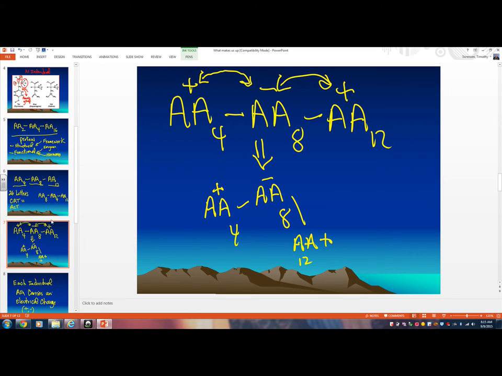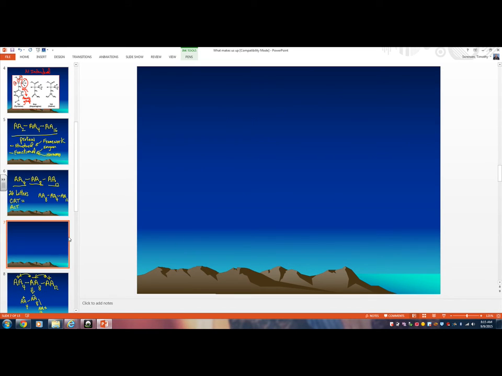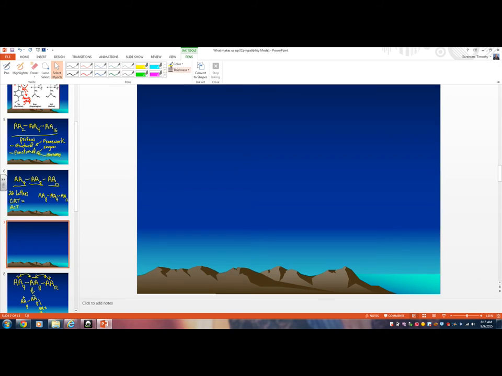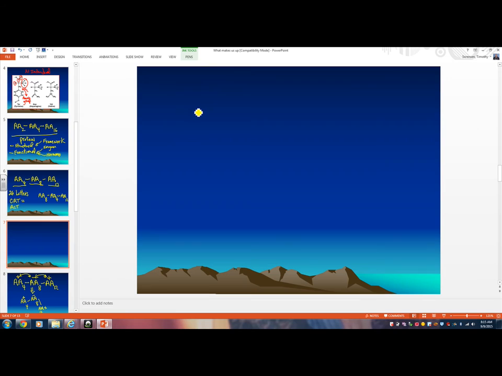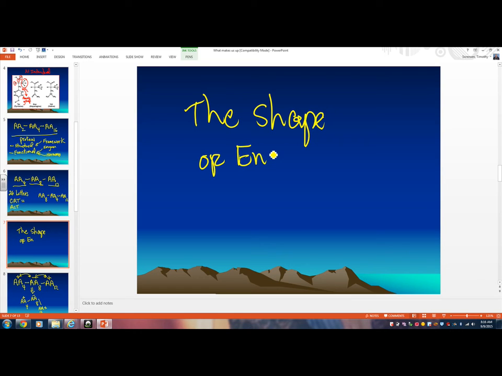And, oh God, this is so critical. The shape of the enzyme determines its function.